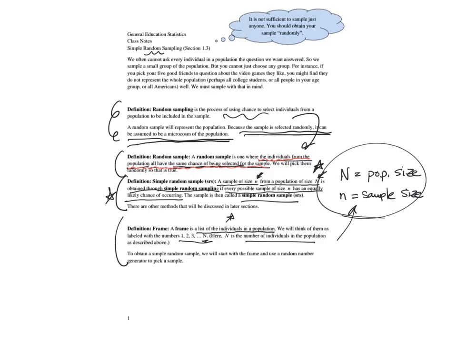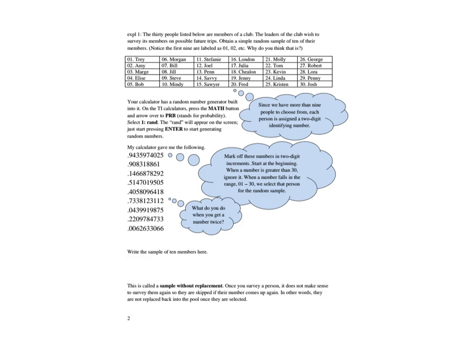All right, we are on the next page going to obtain a simple random sample. So why don't you go ahead and read number 1 there and just kind of get an idea of what we're going to do. It does tell you how to get random numbers on your calculator, and I'll go ahead and include a short video of that, but that's really minor. You're not going to see it in homework.